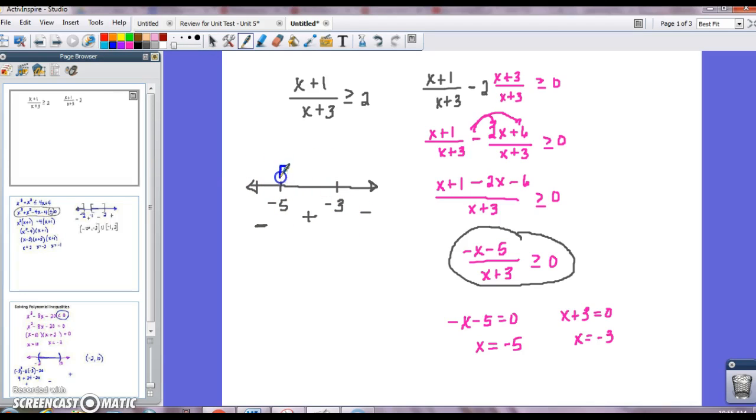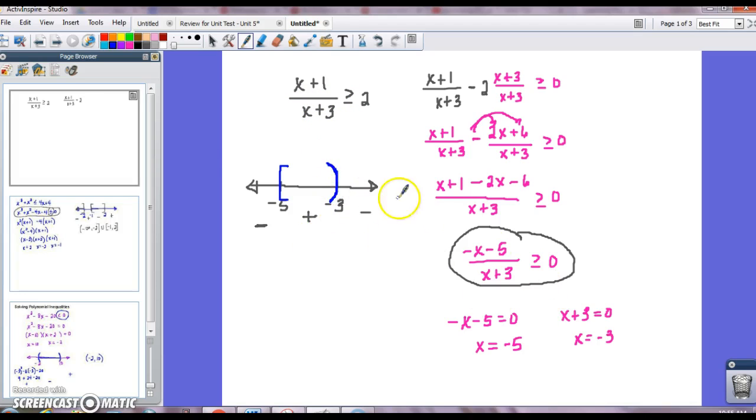Now, here's where you have to be careful. I'm putting a square bracket here on this side because it's greater than or equal to 0. However, I cannot put a square bracket on this side. I have to put parentheses because this is your denominator. So at exactly negative 3, it makes my denominator 0 and it's undefined.